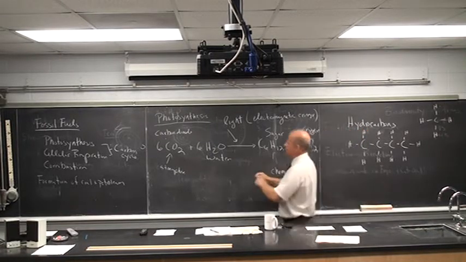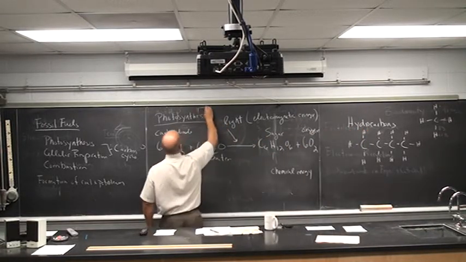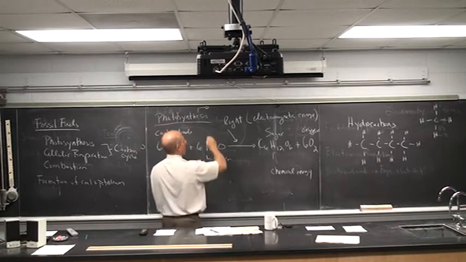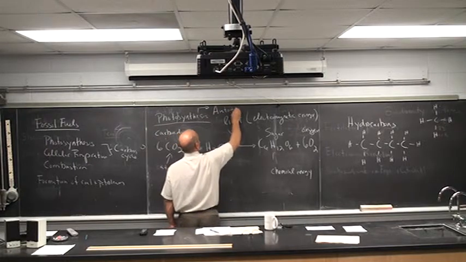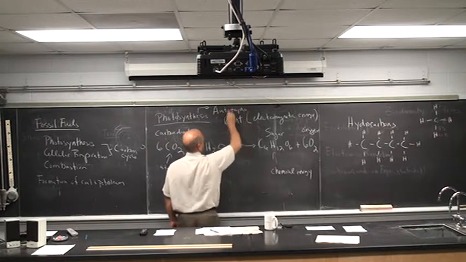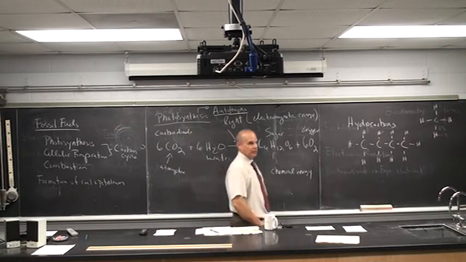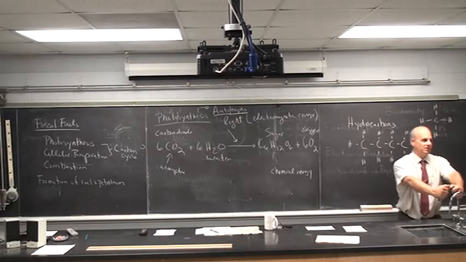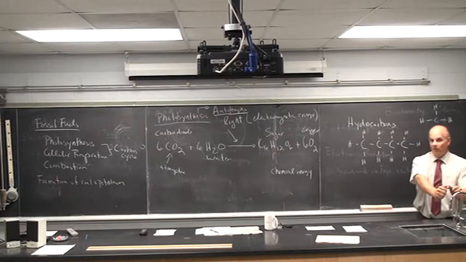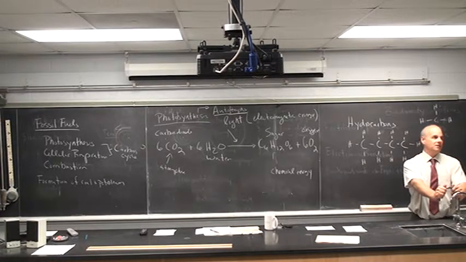By the way, photosynthesis occurs in a group of organisms called autotrophs. You probably don't know what troph means. Is that a self-feeder? Self-feeder, exactly. Troph means to feed, and auto means by yourself, so you don't need to eat anything. You make your own food.